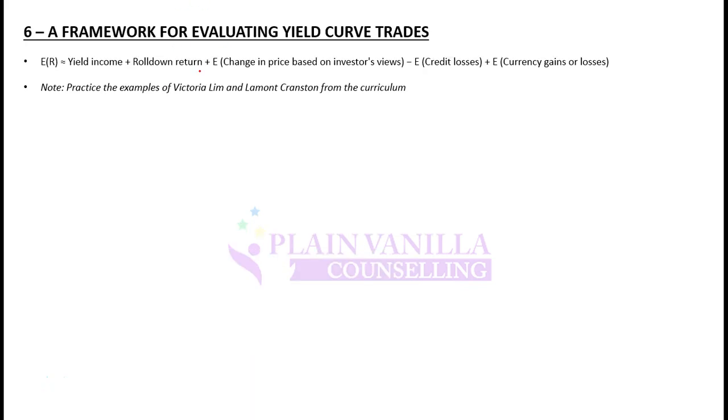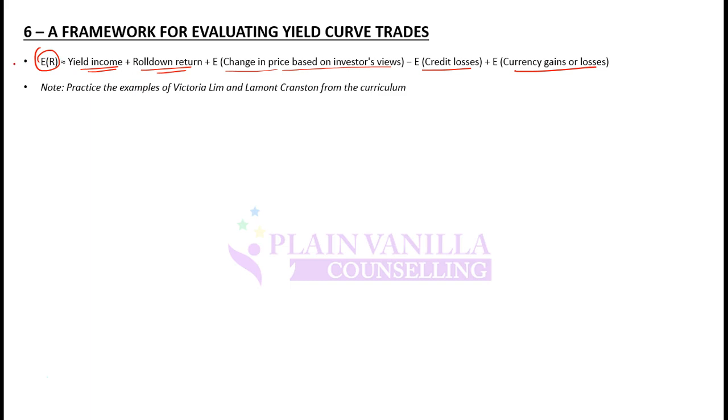Moving on, framework for evaluating yield curve trades. So how do you evaluate a yield curve trade? You evaluate yield curve trades based on expected return. What is expected return? It includes yield income, roll down return, expected change in price based on investors' views, minus expected credit losses plus expected currency gains or losses.